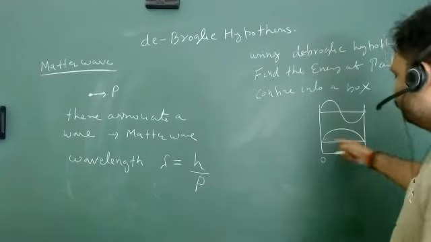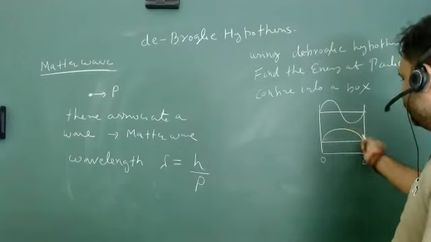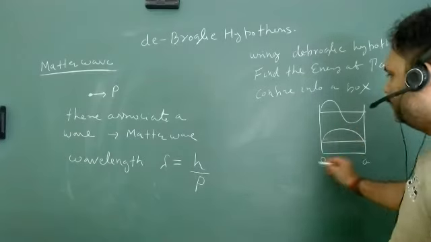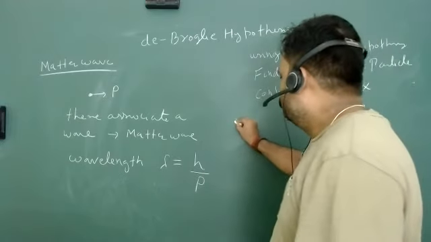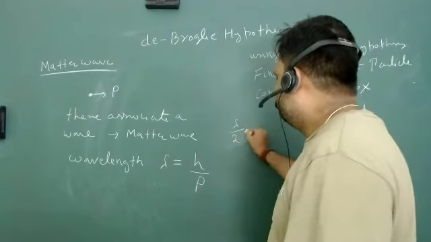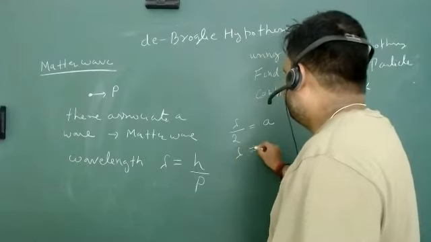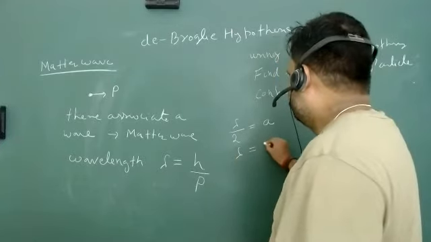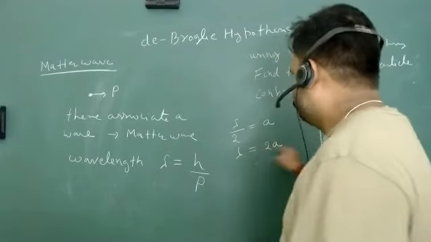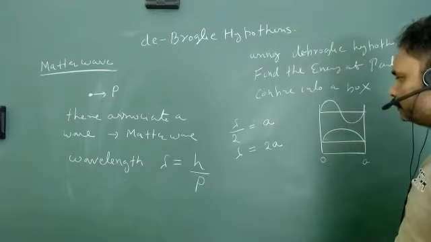So what is the meaning of that? This is nothing but lambda by 2, and this length is a. So for the fundamental mode, lambda by 2 is equal to a, so lambda can be written as 2a.